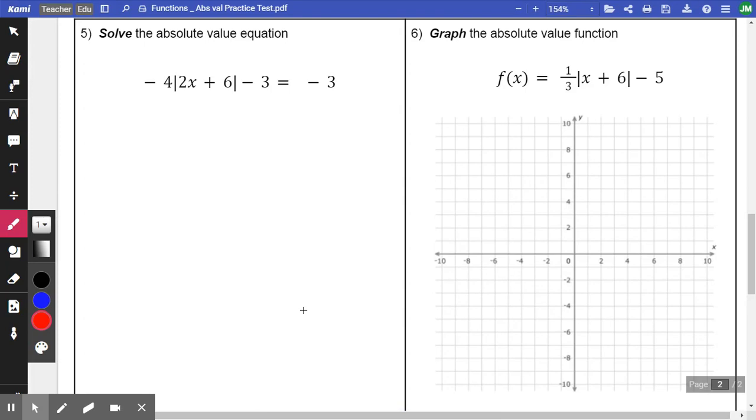Question number 5, solve the absolute value equation. We need to undo the operations happening outside to isolate the absolute value. The operations happening outside are subtraction of 3 and multiplication of negative 4. So we'll begin by adding 3 on both sides.